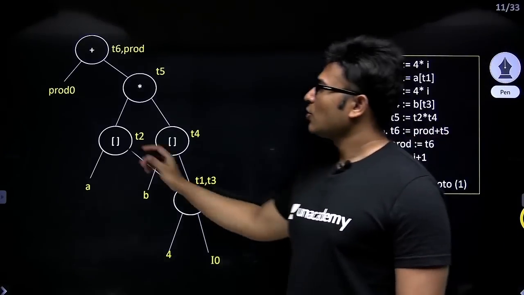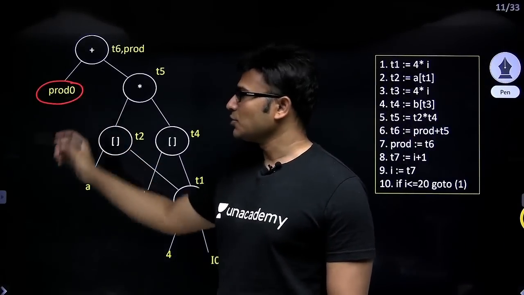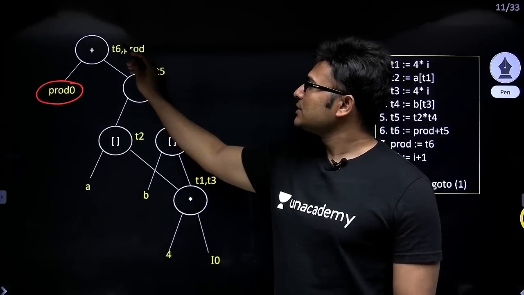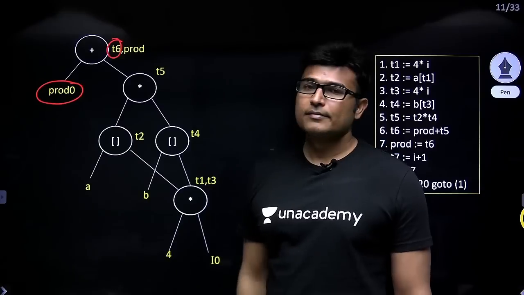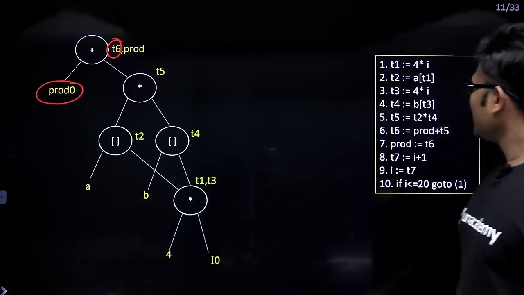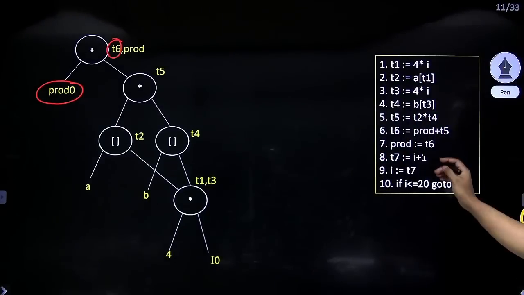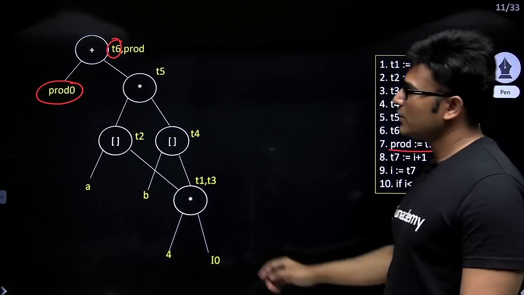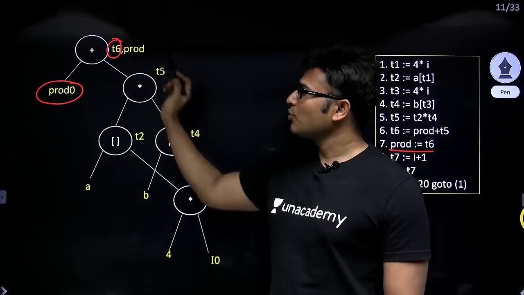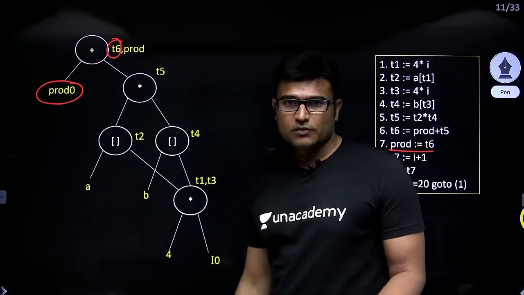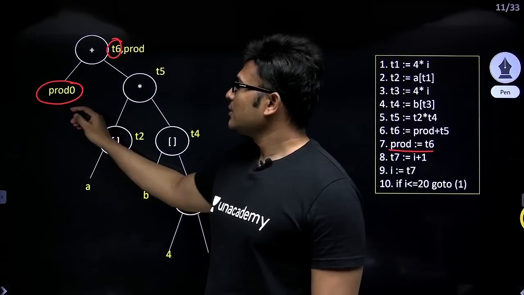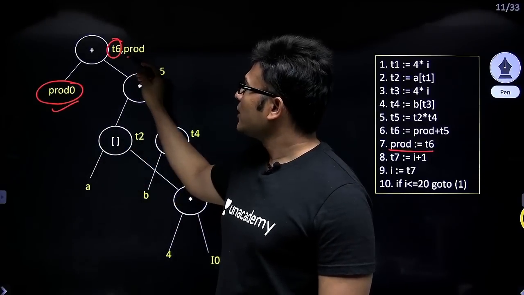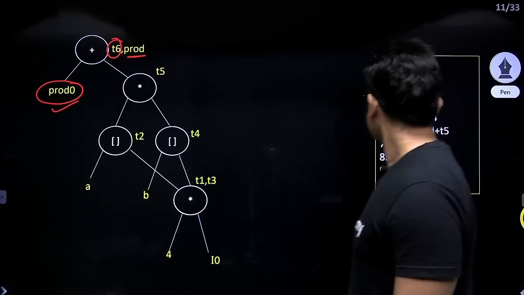So I have taken product, I am writing it as product 0, and product plus T5 is T6, right? And the next one, if you see this, product equal to T6. That is why whatever the node T6 is there, I am writing product there. Now if you observe one thing, here the value of product is product 0 and the value of product is changed, right?